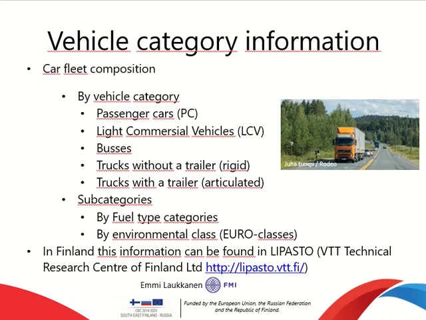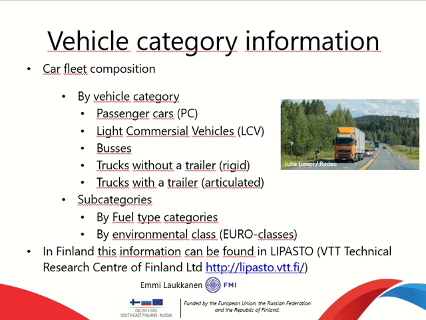So here is one more slide on the input data we need in the Tier 3 method. Vehicle category information, that is car fleet composition by vehicle categories: passenger cars, light commercial vehicles, buses, trucks without a trailer and trucks with a trailer. These are main categories, and in all these main categories we have subcategories for fuel type and Euro class.